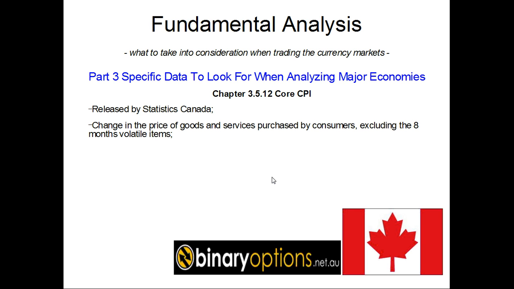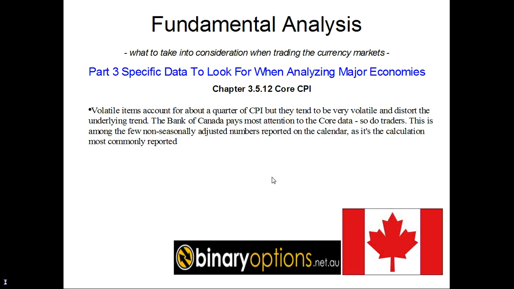It is released by Statistics Canada, and it shows the change in the price of goods and services purchased by consumers, excluding the 8 most volatile items. Now, volatile items account for about a quarter of the CPI. Okay, so 25% of the CPI is represented by the volatile items, but they tend to be very volatile and distort the underlying trend.